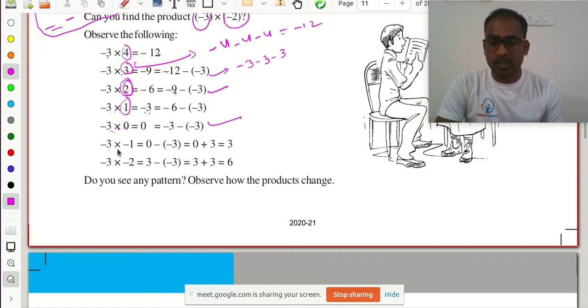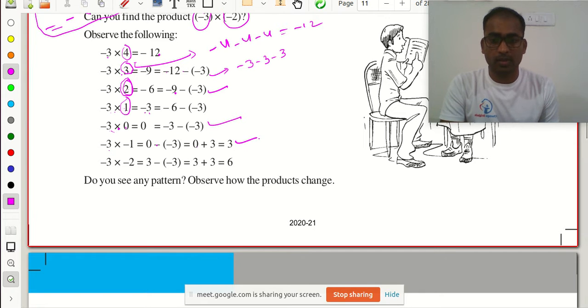The next is minus 3 multiplied with minus 1. It means I reduced 3 here. Here I don't have any 3s. Again I need to go in the negative way. Okay. So what I need to do? Initially we are having the 0 3s. So we need to subtract from 0 3s only. So 0 minus minus 3. So how much are we getting? 0 plus 3.